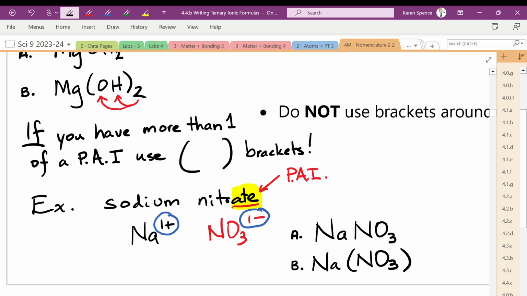Do we like option A or do we like option B? You like option A? I also like option A. When we have only one of a polyatomic ion, remember if you have more than one, you're going to use brackets. But if you have only one, you will not use brackets.